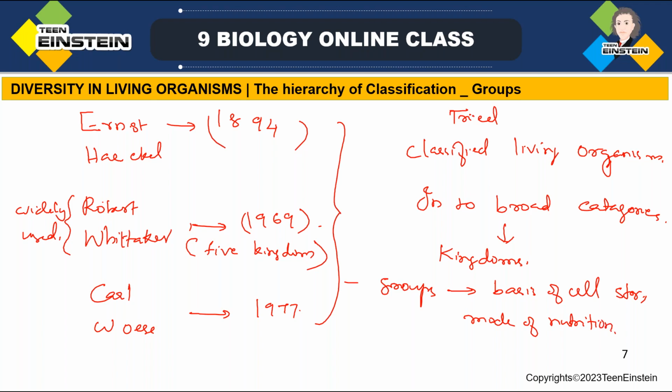That's what I said: different features are selected to classify the organism. The first character Robert Whittaker selected for his five kingdom classification was the basic cell structure, then mode of nutrition and body organization. These features he selected for the classification.